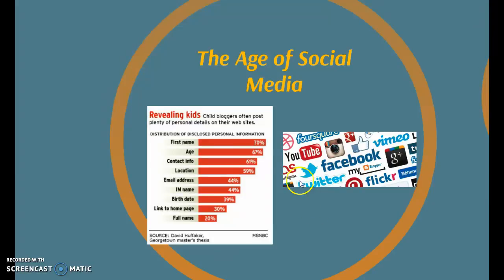But as you can see, first name, age, and contact info is a strong 61%, which means that potential predators may know your age and may know your contact info and location to be able to reach you on a personal basis, and might be able to do some harm to your family's name, or just something as small as hacking your computer.